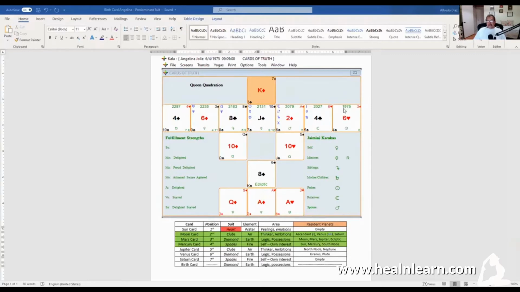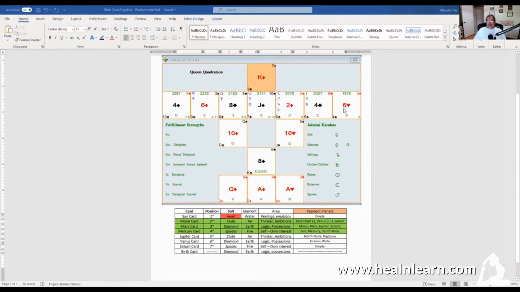To do that, I just prepared this spread here. This spread has 7 positions. Actually it is 8 positions because the birth card is in the very last row.